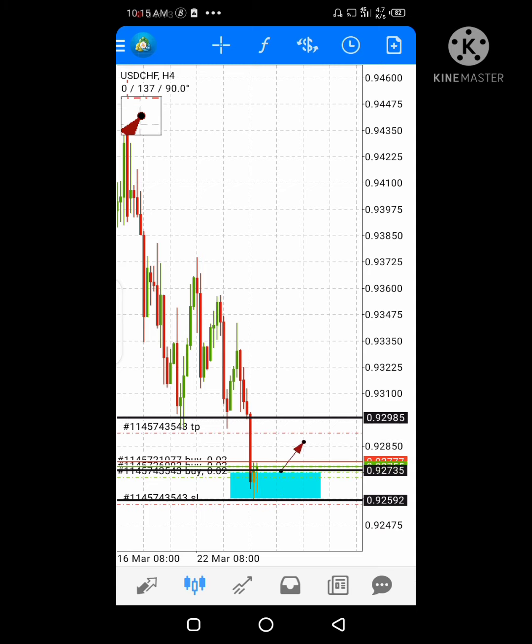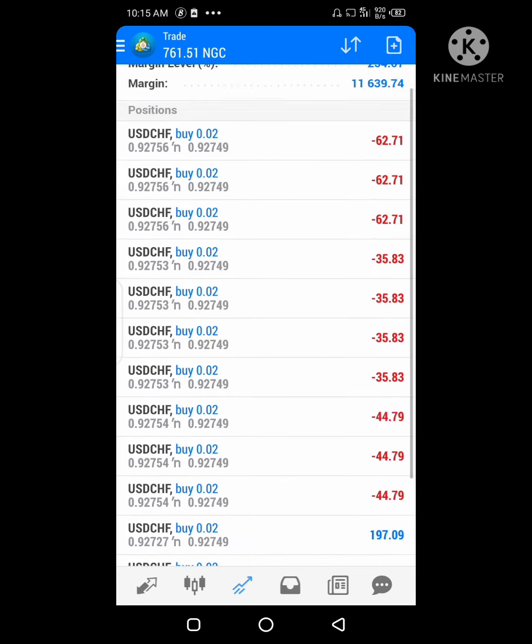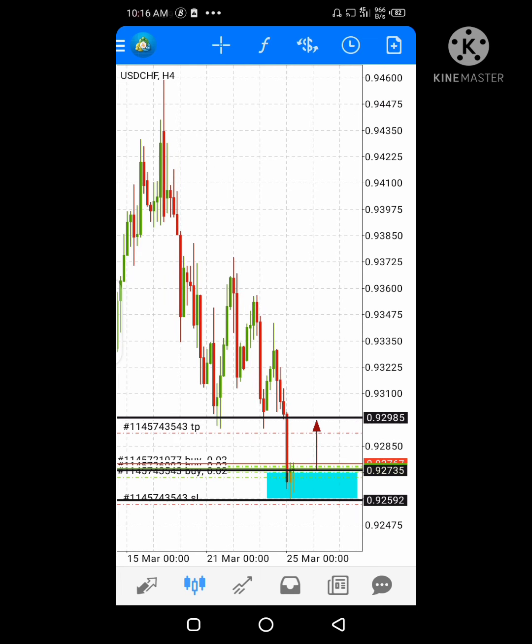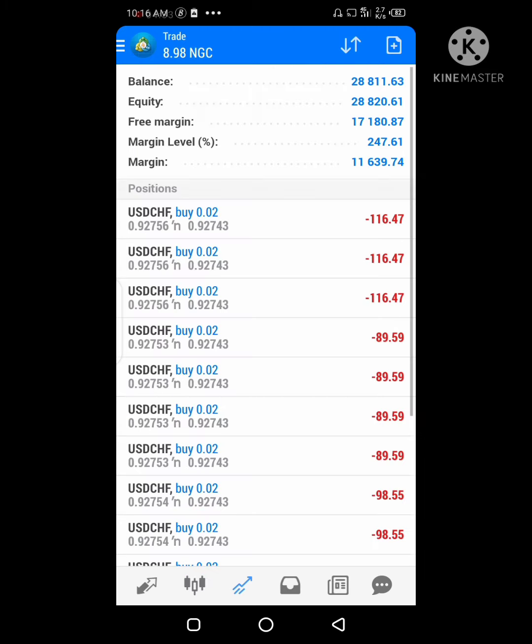The risk reward ratio is about 1-to-1, but if you get to the actual take profit, it is more than 1.5 risk reward ratio. So I'm going to be watching this trade, and hopefully it gets to our take profit, and I'll see you when it does. Let's watch the trade.